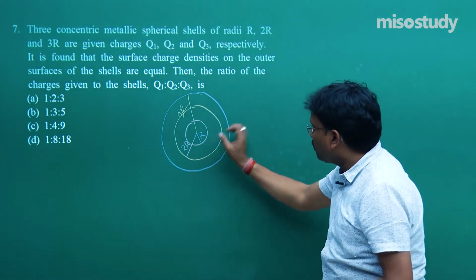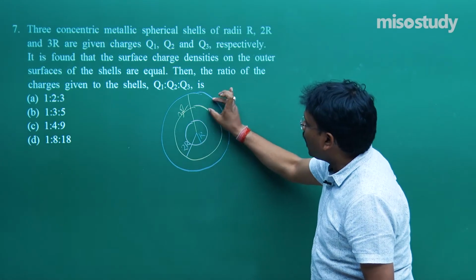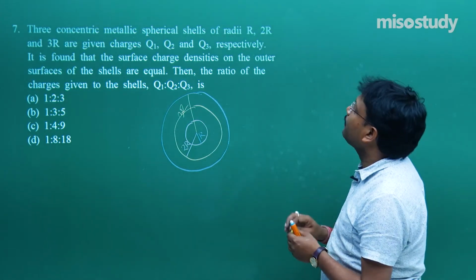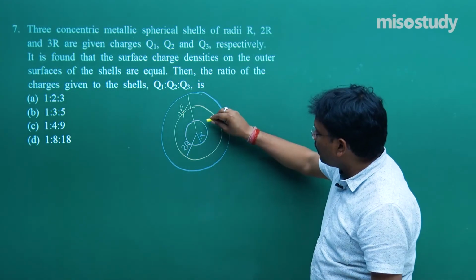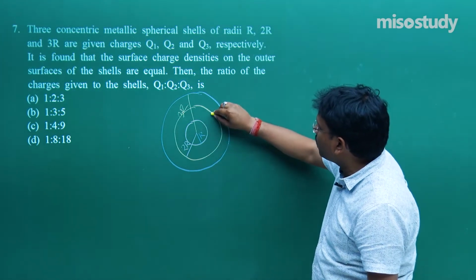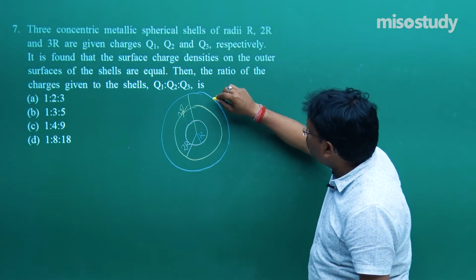Fine, R, R, R, clear? Okay. Given charges Q1, Q2, Q3, with white Q1, with yellow Q2, with blue Q3.